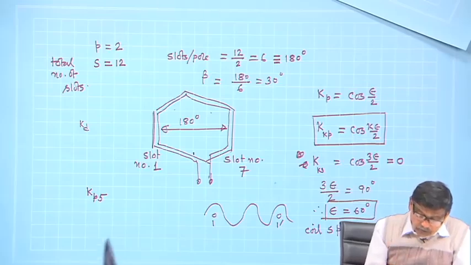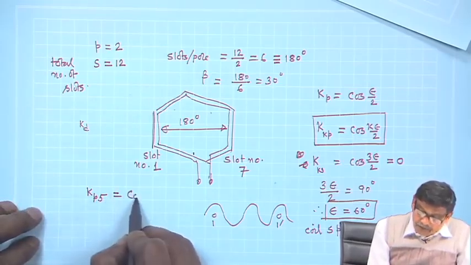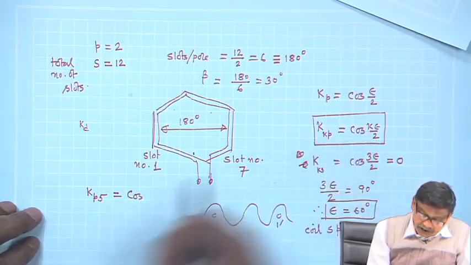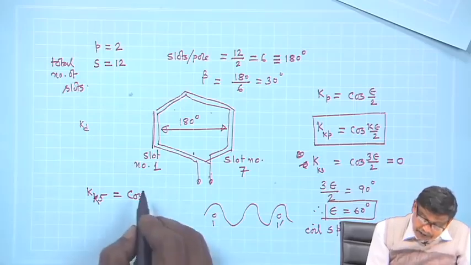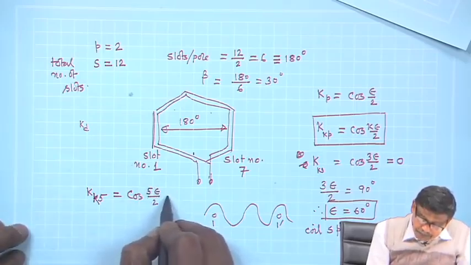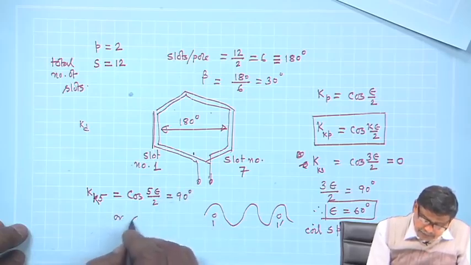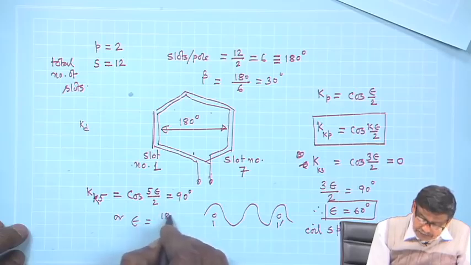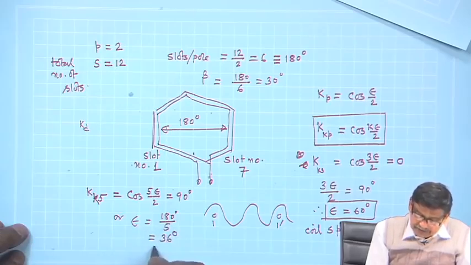And if you want to get the pitch factor for fifth harmonic, put k equal to 5 here, it will be 5 epsilon by 2 and try to set it to 90 degree, and then you will say epsilon is 180 by 5. How much is it? 36 degree.